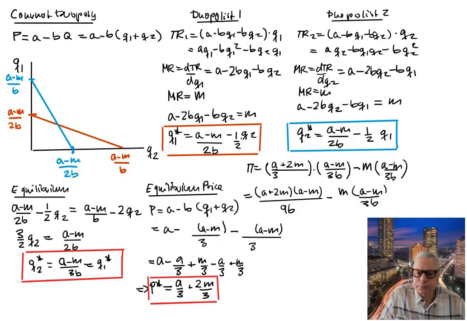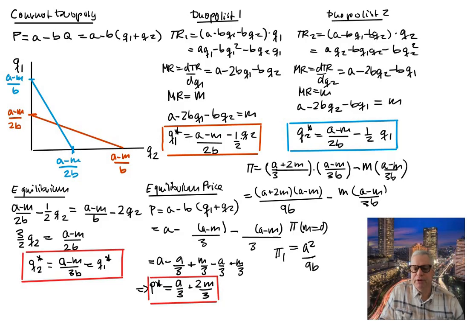So in the previous example we assumed that M equals 0. So let's calculate the profit when M equals 0. Okay, so now we are here, A plus 2M, that's A, A minus M, so we get A squared over 9B, and if M is 0, the second term becomes 0.